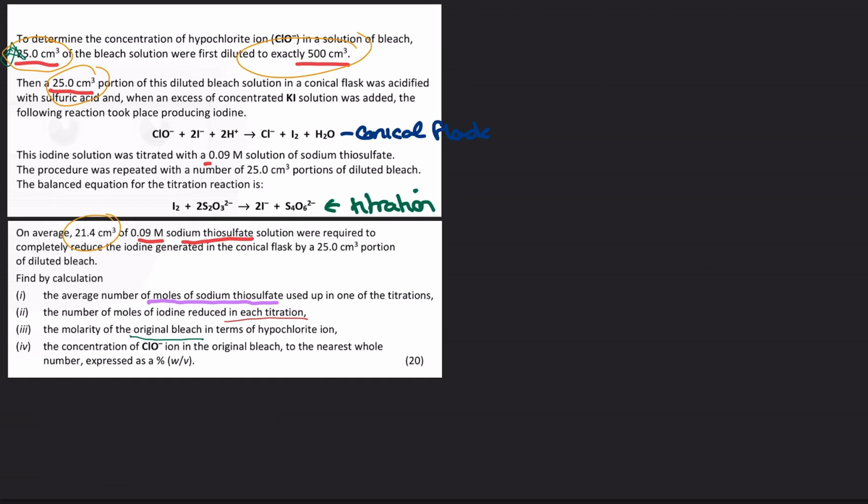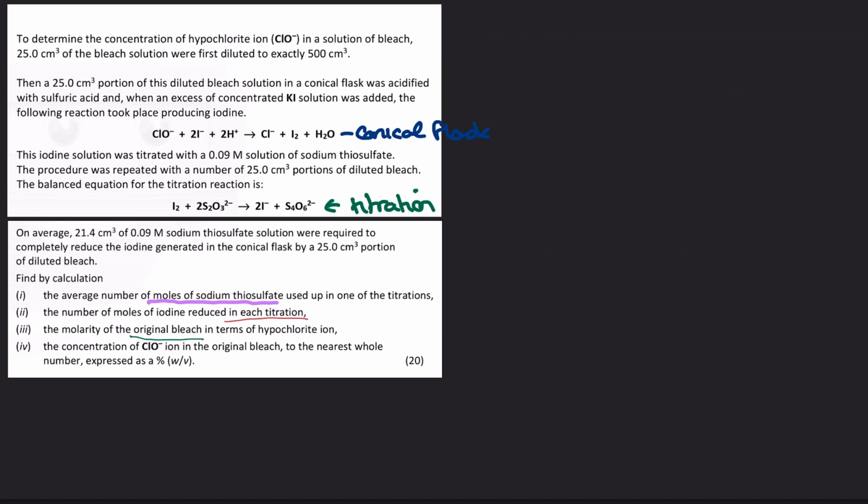Okay, so we're on to the last section. The concentration of the hypochlorite ion in the original bleach to the nearest whole number, expressed as a percentage weight per volume.